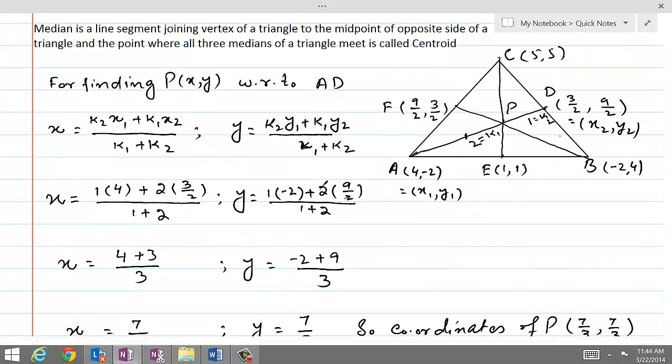And this again, if we divide into 3 parts, would have 2 on this side, which is equal to K1, and K2 will be equal to 1 again.